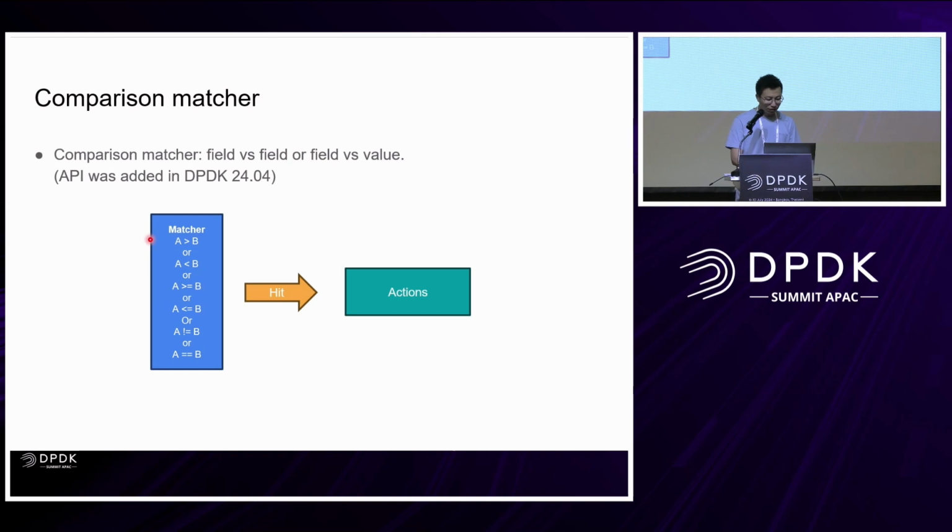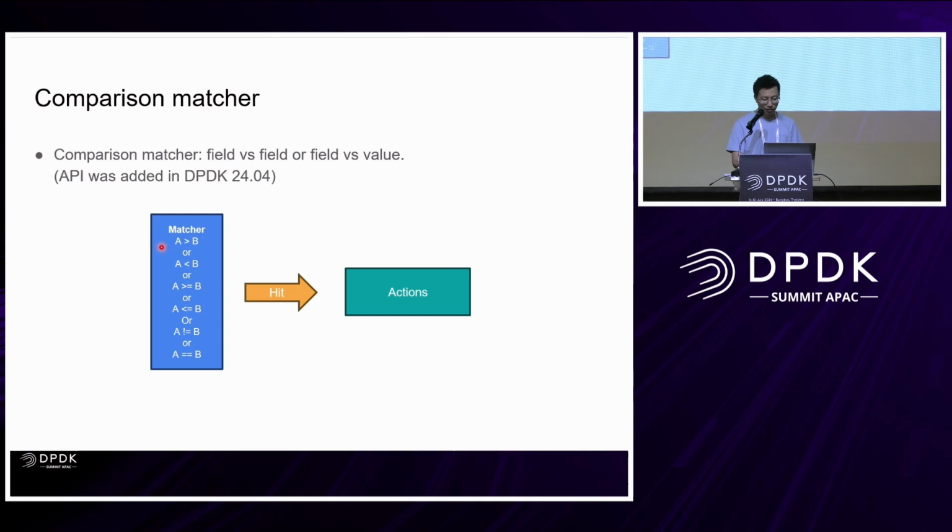What this new feature adds to RT flow is that for now we can support comparing field versus field, or field versus immediate value. I will introduce the API later, but for now, for the match itself, we have two fields to compare.